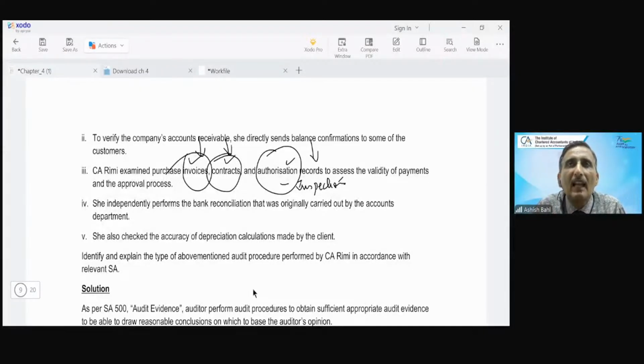Like there is a relationship between gross profit and sales, between net profit and sales, between current assets and current liabilities, or comparing purchases of one year with previous years. So this is a plain example of inspection. Inspection by its definition means examination of records or examination of an asset. Is it clear, Harshit? Recalculation, point 5 is correct. Fourth is also correct, re-performance. Harshit and Miss Mansoori, is it clear to you?